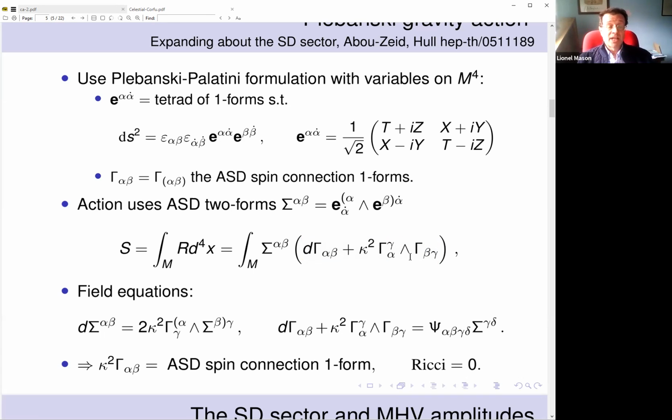And so the point is that in this format, this differs from the standard Palatini action by a term that just happens to vanish on shell.